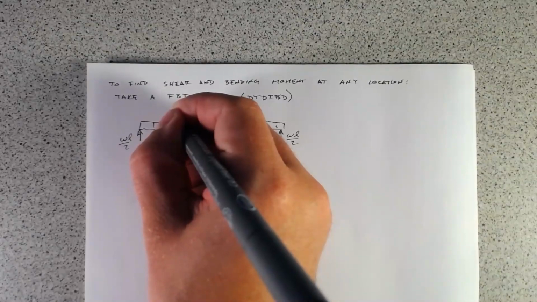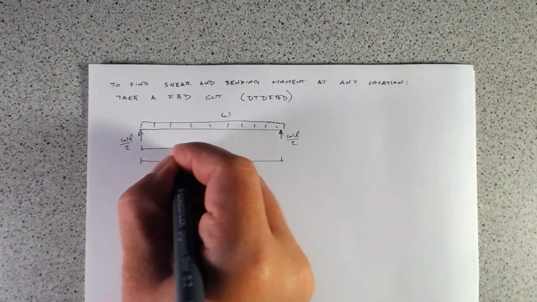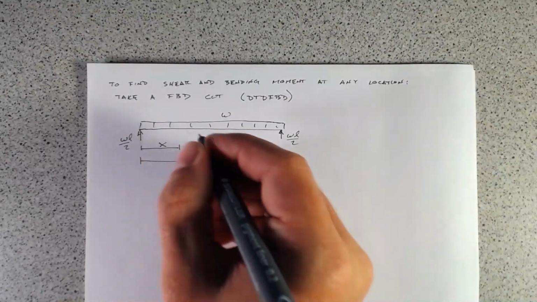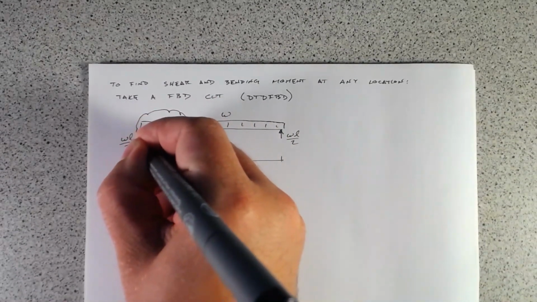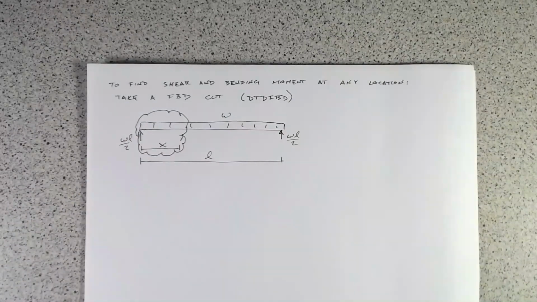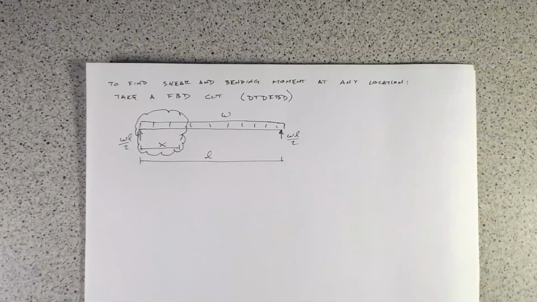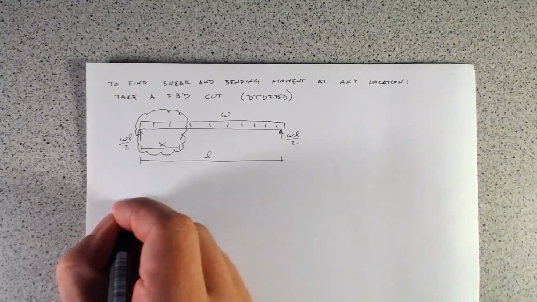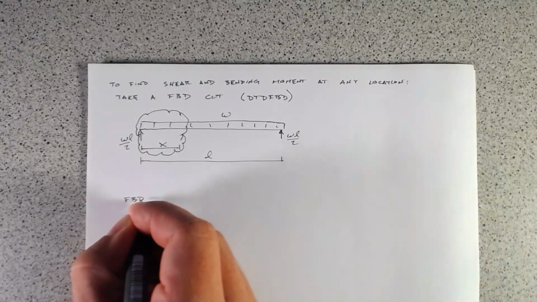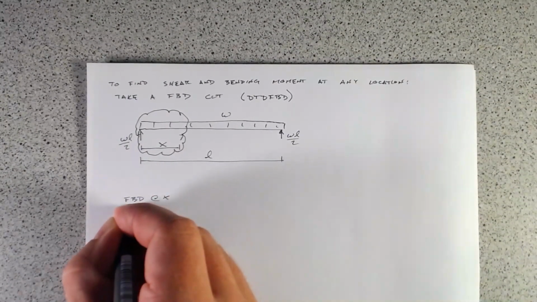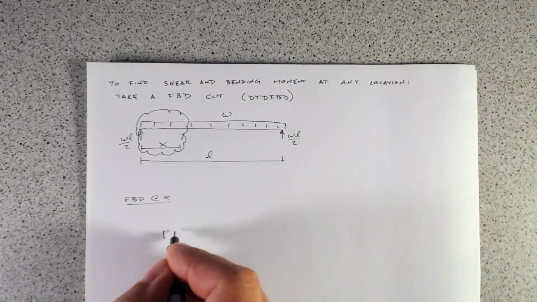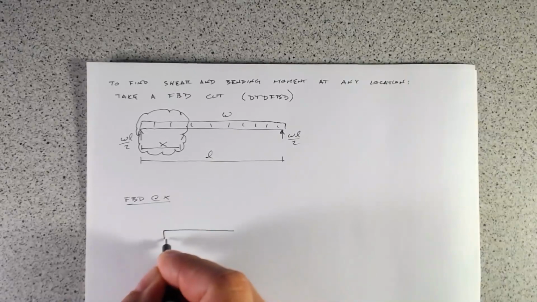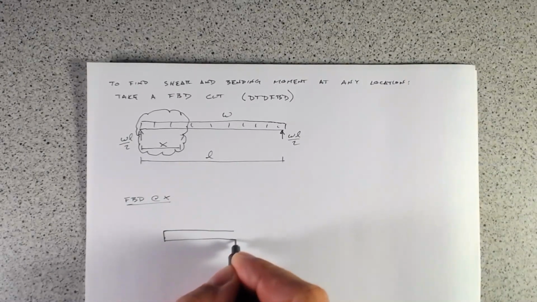So what I'm going to do is come in a distance of x, and take a free body diagram of the beam at that location. So if we come down here to the free body diagram at x, we'll just draw our beam in here. So this is our little beam.